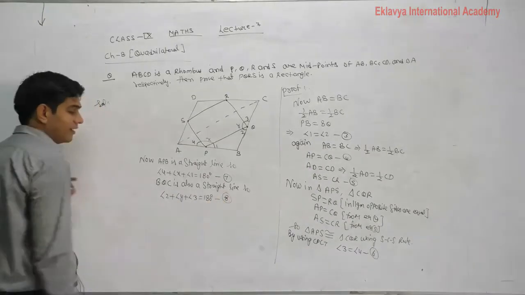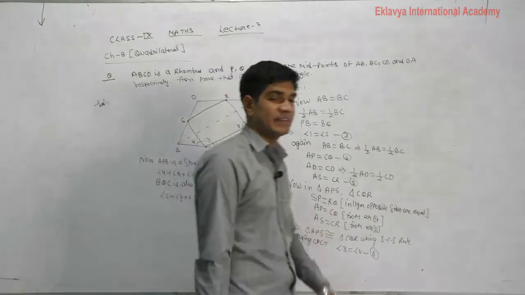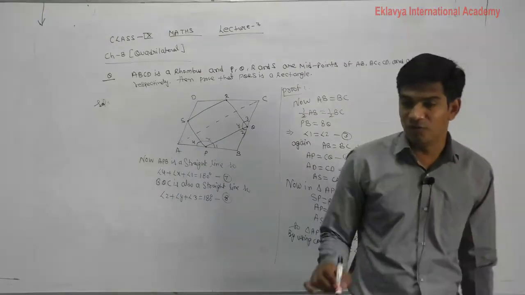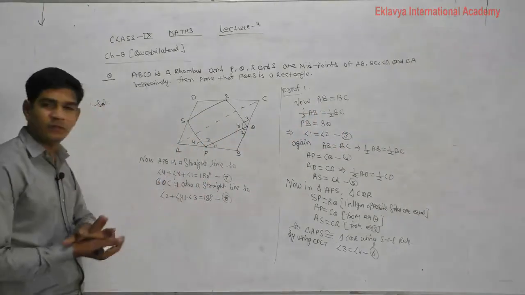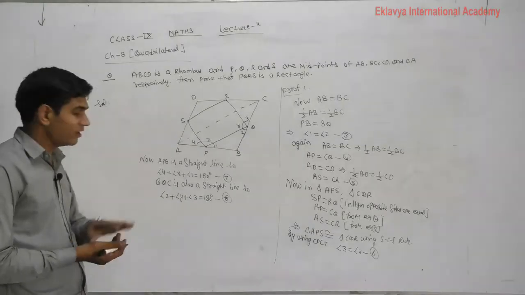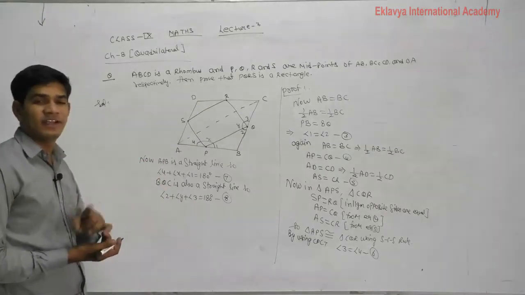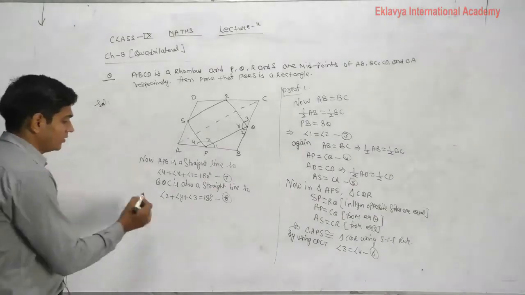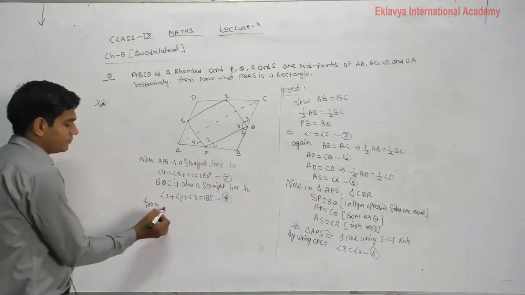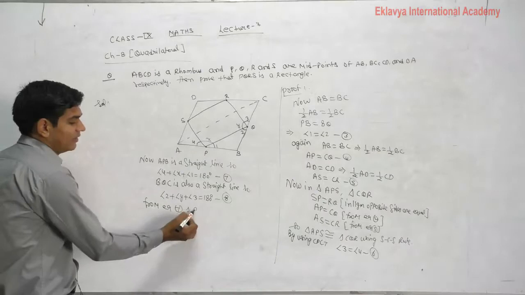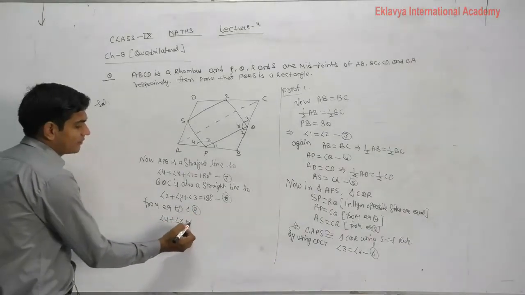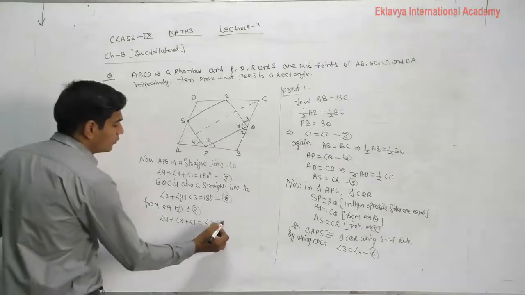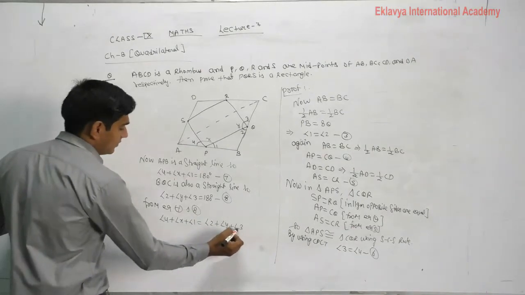Equation number 8. Now from equation number 7 and equation number 8, what are we observing here? Their right hand side are equal or not? Their right hand side are equal, so their left hand side also must be equal. So from equation 7 and 8, angle 4 plus x plus angle 1 equals angle 2 plus y plus 3.